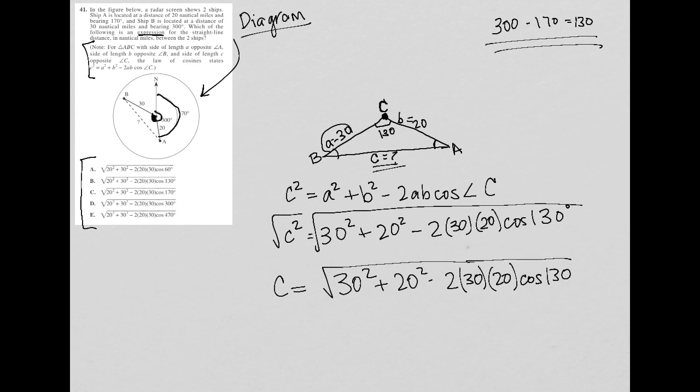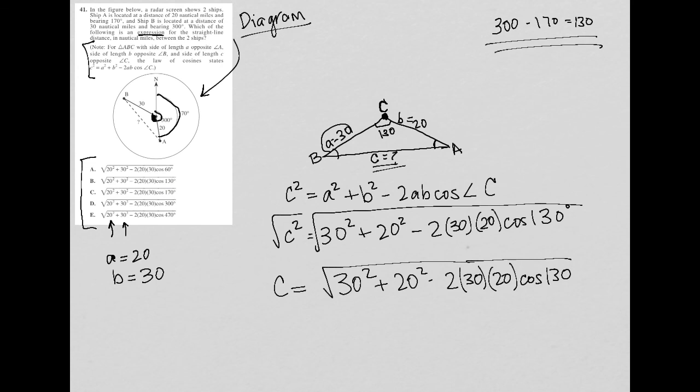I look at my answer choices, and I notice that all of my answer choices have 20 squared followed by 30 squared, and that's perfectly fine. But what that means is that in the answer, I called A 30, but it looks like they're calling A 20, and they're calling B 30, which, again, I don't think really matters that much.